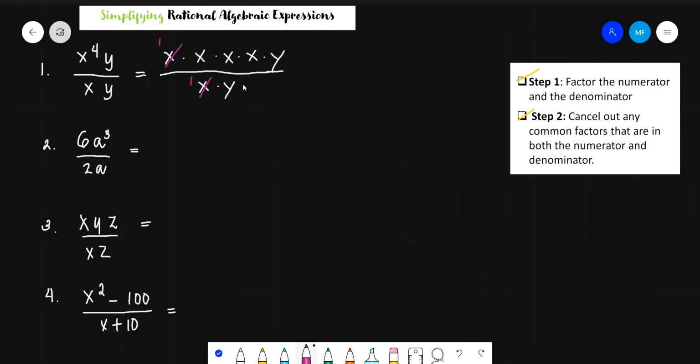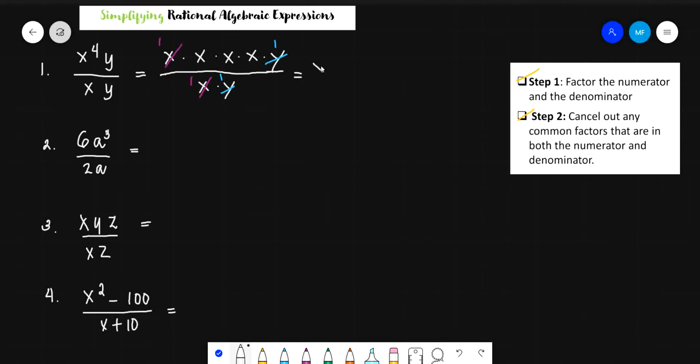Dun sa y naman tayo. Sa y meron? Yes, meron. So, cancel lang natin yung y. That is equal to 1. Ngayon, kung ano yung natira, that will be yung simplest form. Ilan ang natira na x?